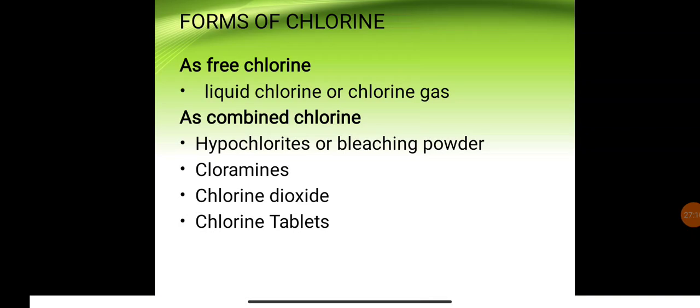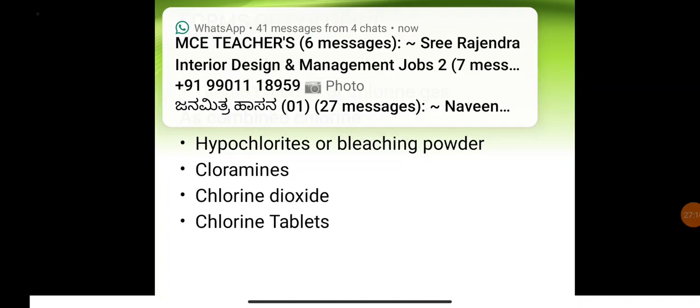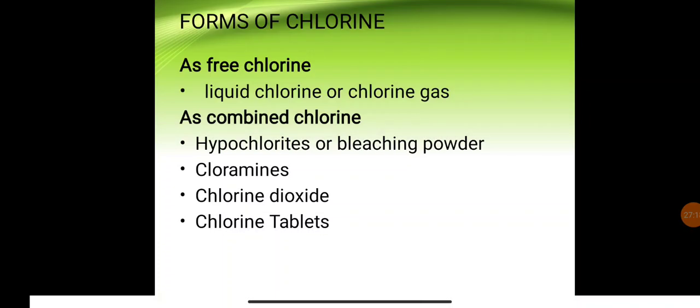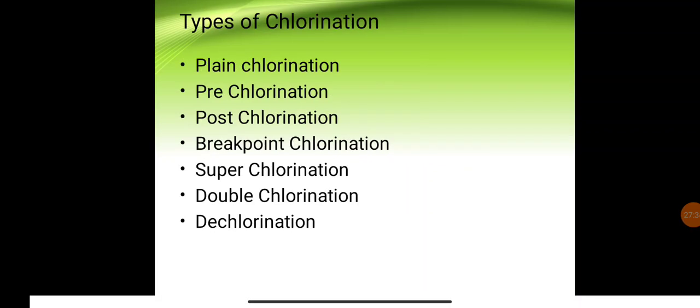So these are the forms of application of chlorine for the process of chlorination. One is either chlorine gas or liquid chlorine, or combined chlorines in the form of bleaching powder, chloramines, chlorine dioxide, or chlorine tablets. So these are the forms of the chlorine.